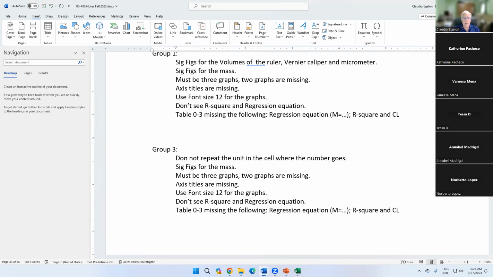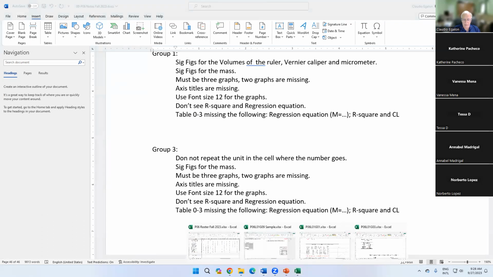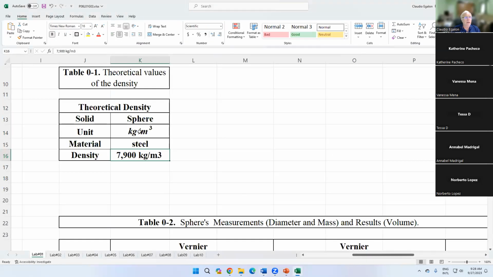Do not put the unit there because the unit is already at the top. If you repeat the unit here, you're telling me that this number has a unit of kilogram square meter to the 6th power. That's what it means when you repeat this unit here. So the right way would be to erase that.